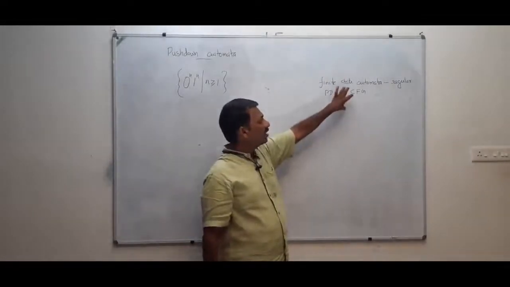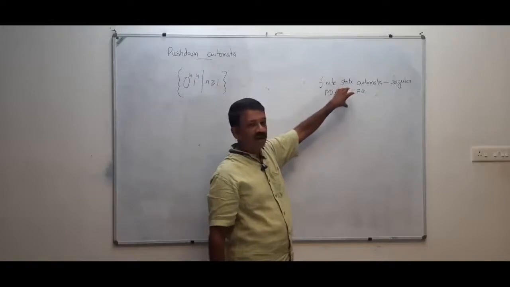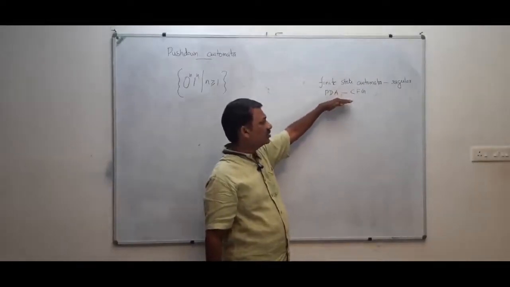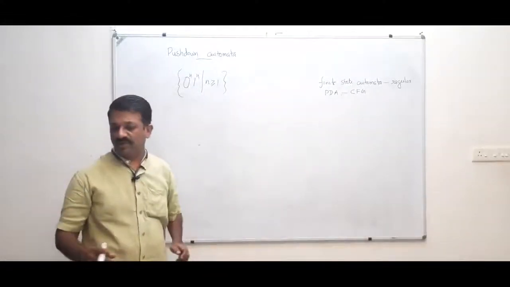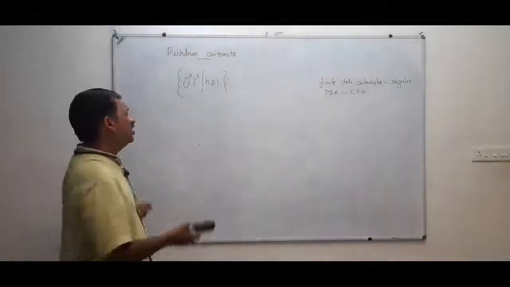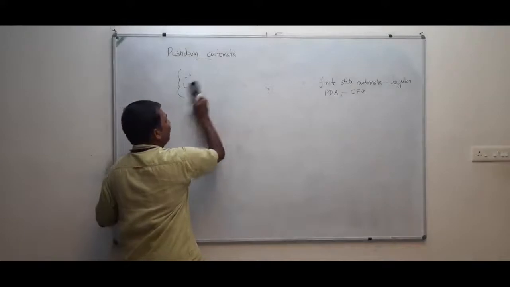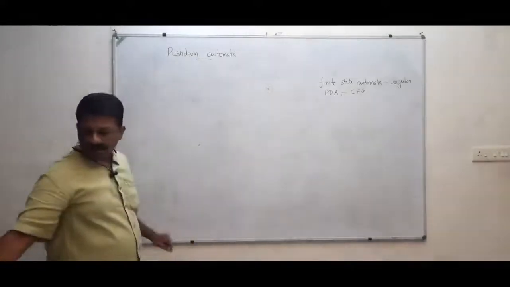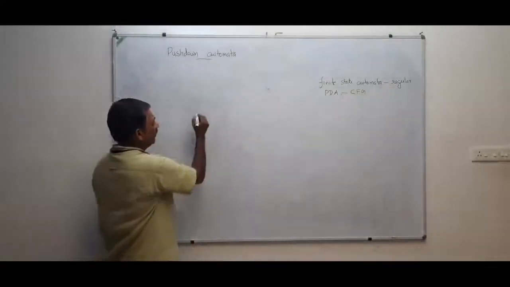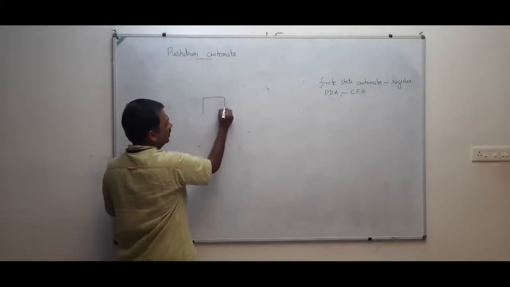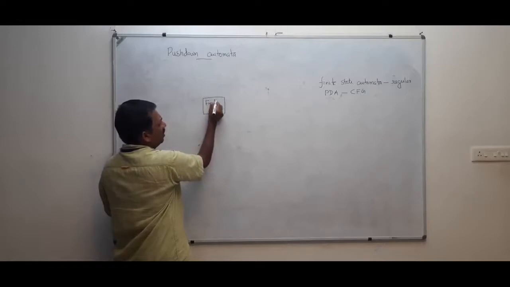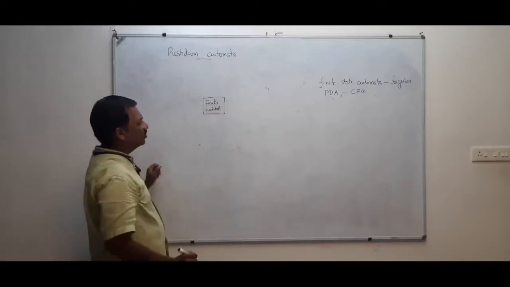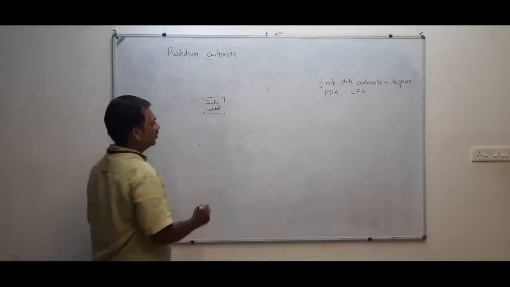So we have another tool, another automaton, which is used for accepting this type of language, called a pushdown automaton. In a pushdown automaton, just like our finite automaton, we have a finite control.